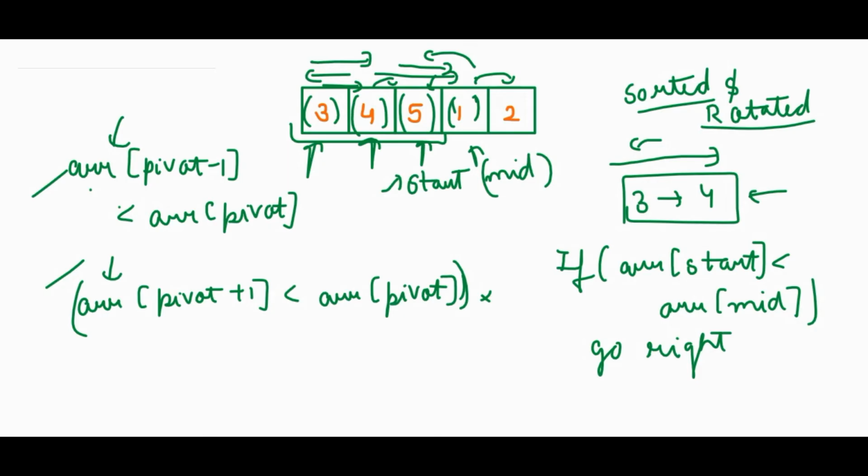And the other condition is if array of start is greater than array of mid, that will mean we have to go left.